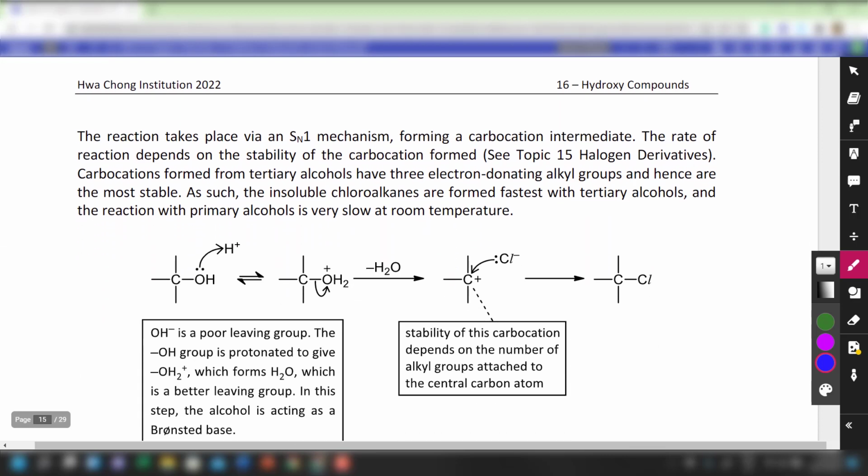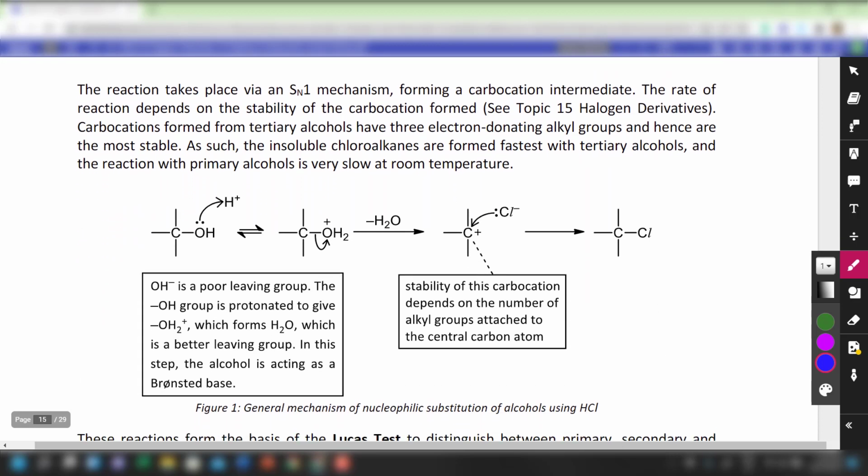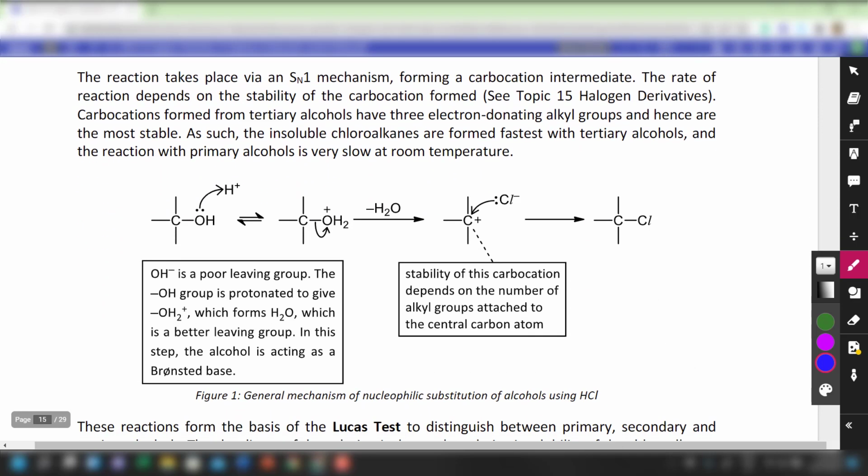The brief mechanism is mentioned here, but I don't want most of you to go into details. If you wish to, you can read about it. First, it involves the protonation of the OH group to become OH2 plus.